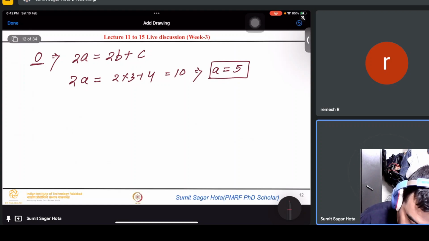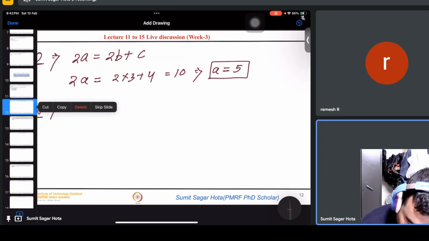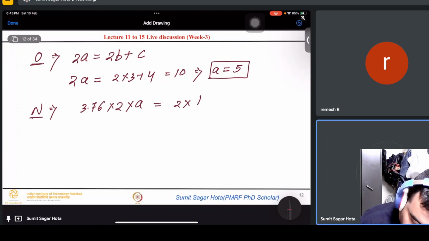Now we balance the nitrogen atom. You see 3.76 times A on the left-hand side, and on the right-hand side it's 2 times D. So 3.76 with nitrogen, we again multiply by 2 into A, equal to 2 into D. The 2 gets cancelled.